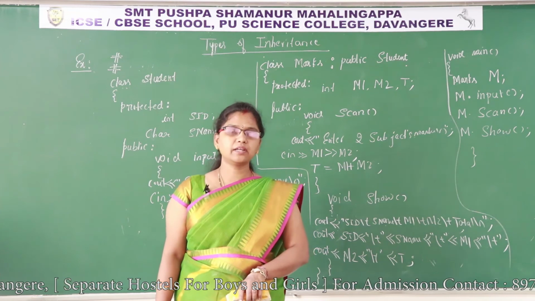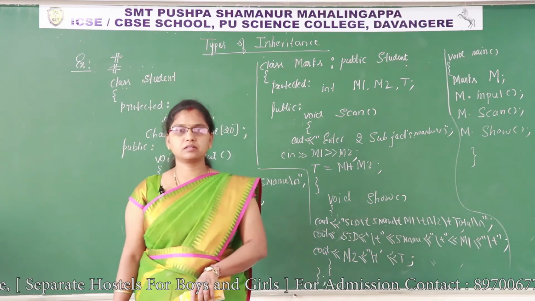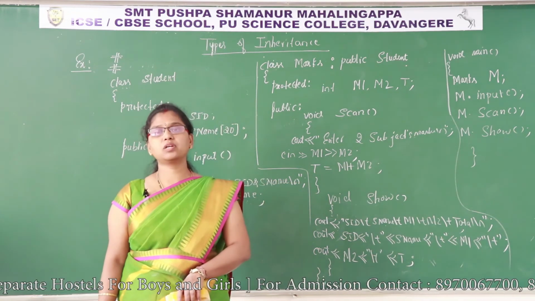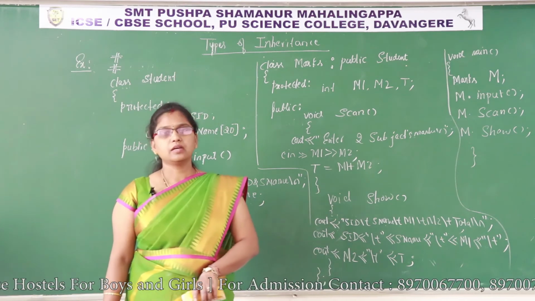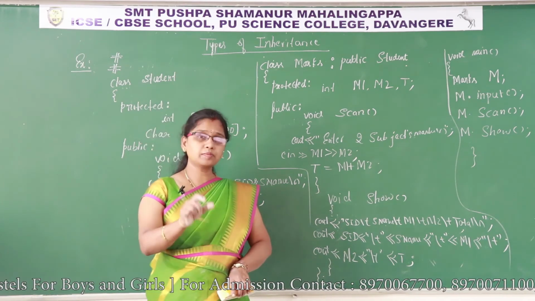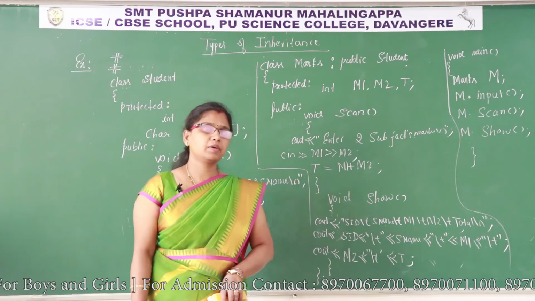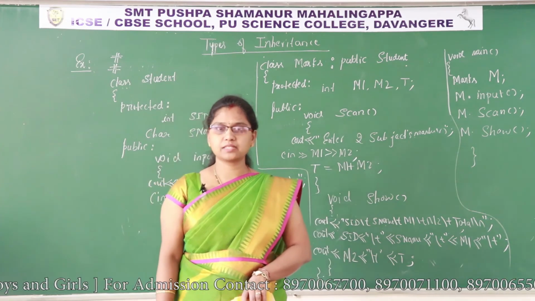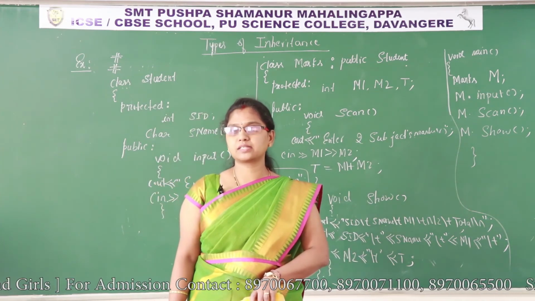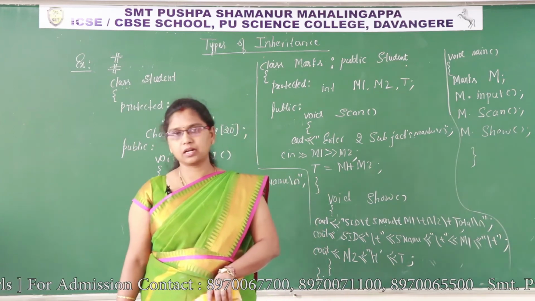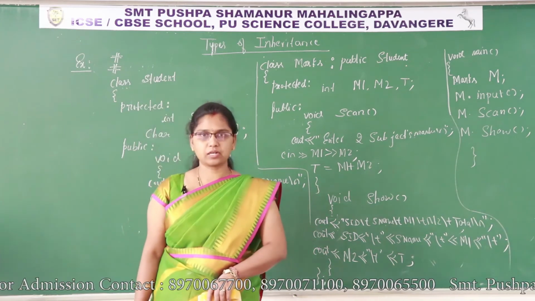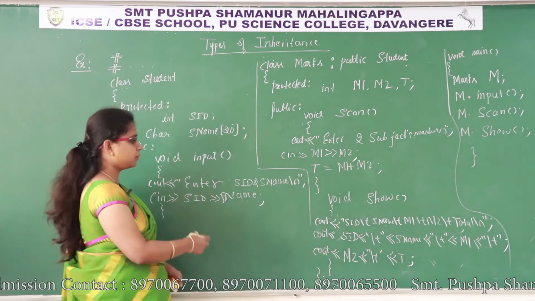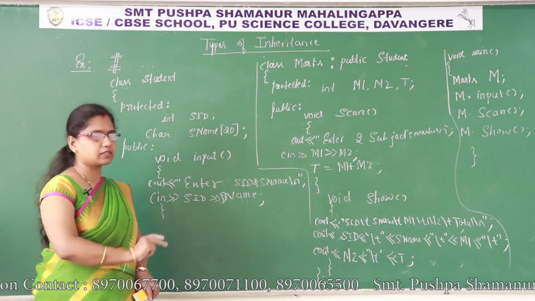And it has to contain 2 subject marks, and from that class we have to calculate total. In the problem statement itself they have given that we must take 2 functions in the base class to access the data of that base class, and 2 functions in the derived class to access data of the derived class. So almost similar to this program, I'll just modify this program.